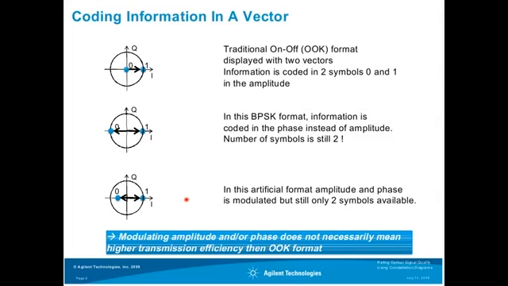Again, the 1 is represented by the real part, and the 0 is represented by a different amplitude and then 180 degrees of phase. So what we learn from here is that modulating amplitude and/or phase does not necessarily mean higher transmission efficiency than the on-off keying format that is currently used in most optical transmission.